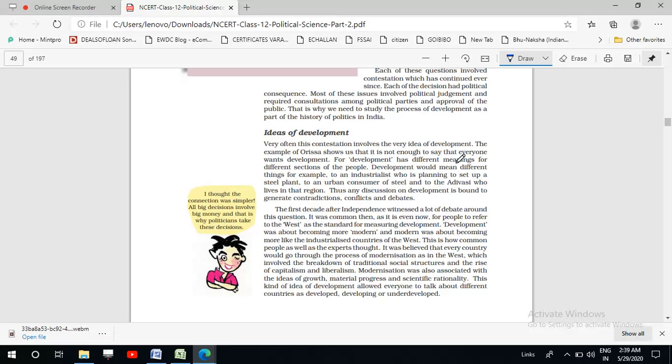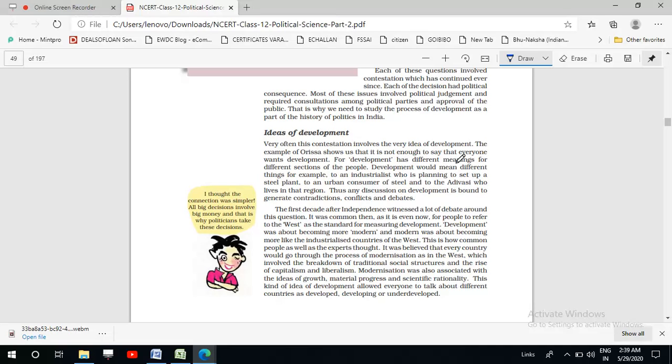And in the view of central and state government, what is the idea of development? The idea of development is to facilitate the setting up of the unit of a Korean company in our country, so that capital flow will increase, so that employment opportunities can be generated.